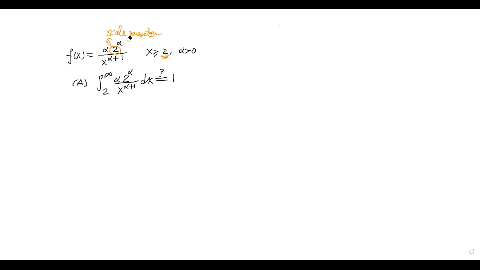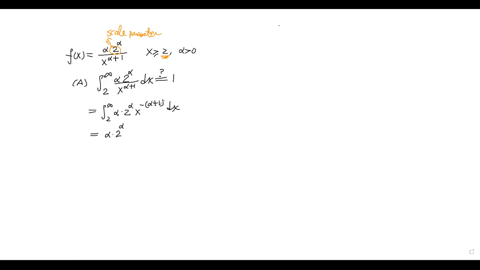So now we take the typical integration, like what we learn in calculus. This is alpha times 2 to the alpha, times the integral of x to the negative alpha minus 1 dx. Then you can just use the power rule. Alpha times 2 to the alpha is just a constant.